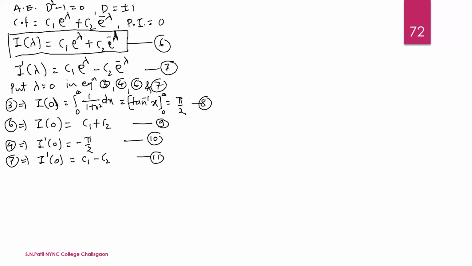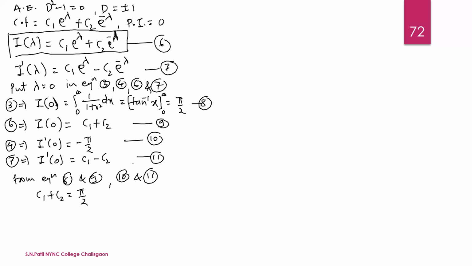Now see, 8 and 9, left hand side is same, so the right hand side is same. So we get c1 plus c2 is equal to pi by 2.